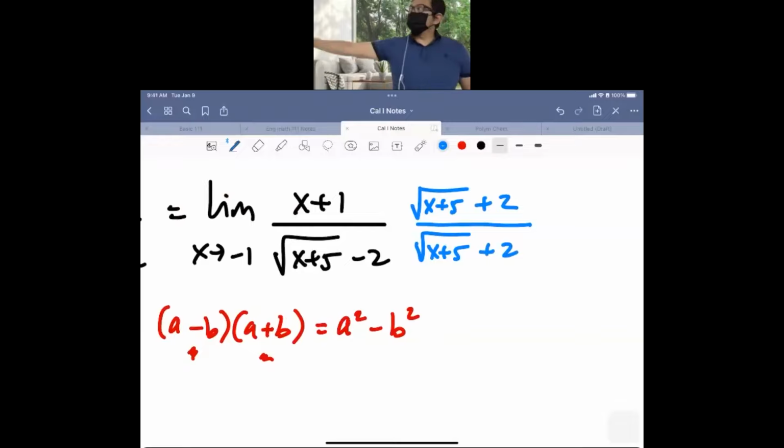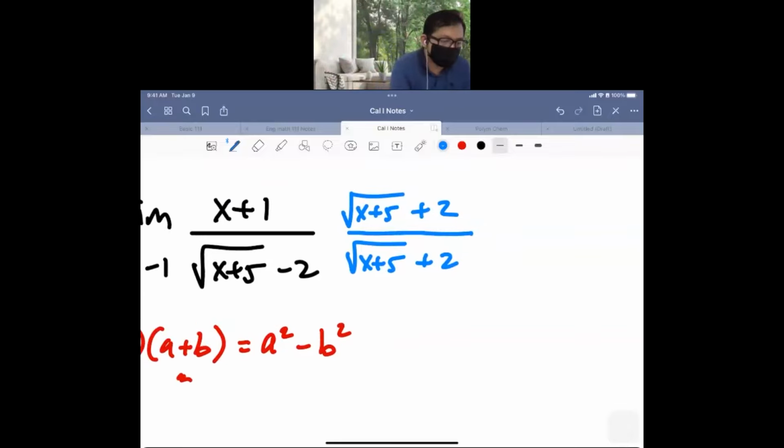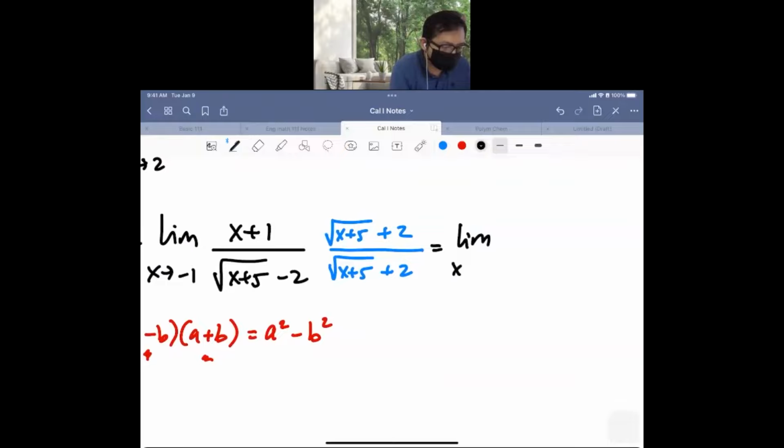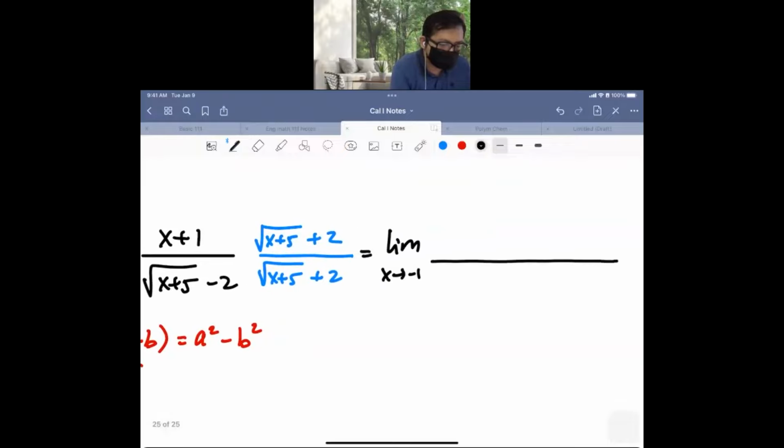Okay. So we focus on the denominator first. The square root of x plus 5, squared, becomes x plus 5. And then 2 squared becomes 4. So x plus 5 minus 4, or x plus 1, right? I think I will write it completely so you get my idea here. So this will be x plus 5 minus 4. And just write x plus 1 here.